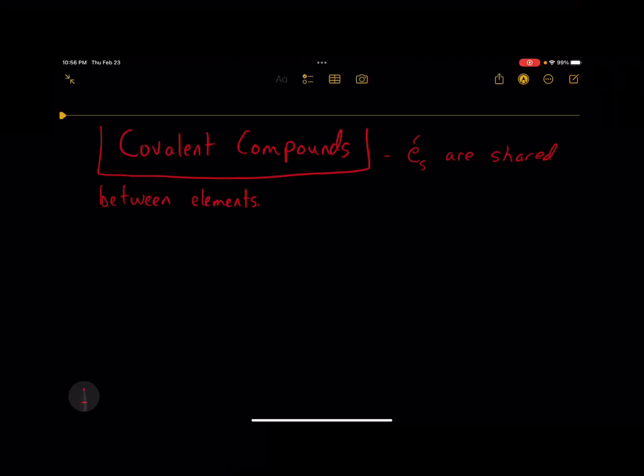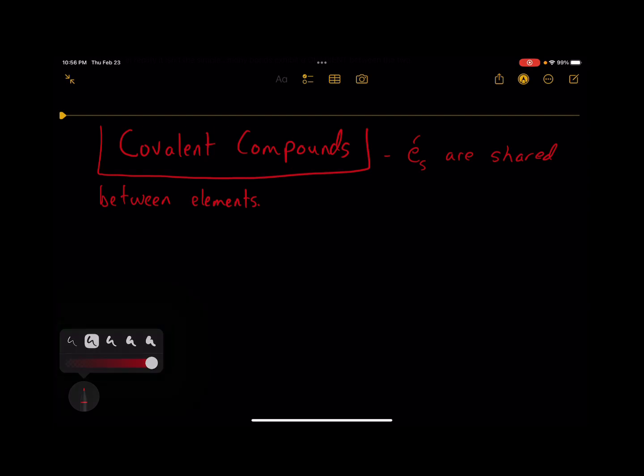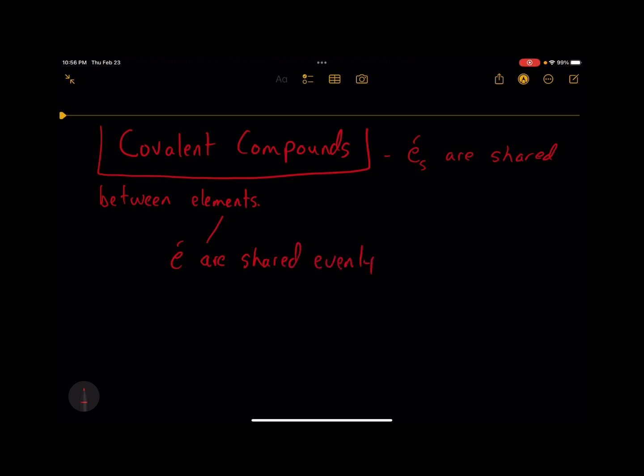So let's further dissect covalent compounds. And in the general sense, in covalent compounds, electrons are shared between elements. Now, how they're shared is what's going to further divide this kind of compound into two. If we say that electrons are shared evenly, okay, then we call that a non-polar covalent compound.